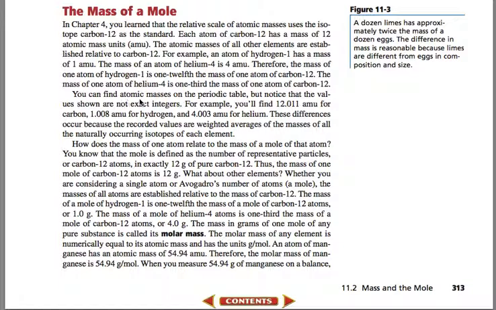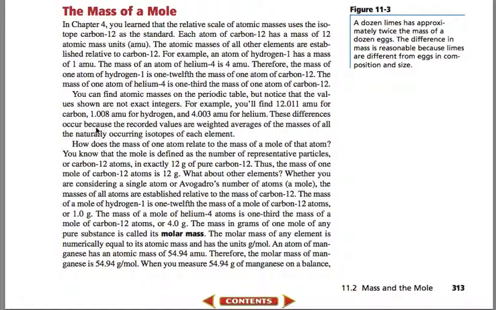You can find the atomic masses on the periodic table, but notice the values shown are not exact integers, right? They're decimals. For example, you'll find 12.001 AMU for carbon, 1.008 AMU for hydrogen, and 4.003 AMU for helium.